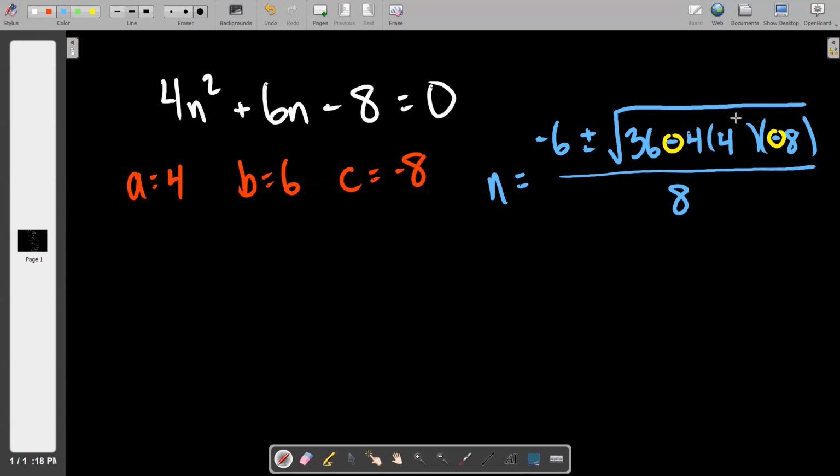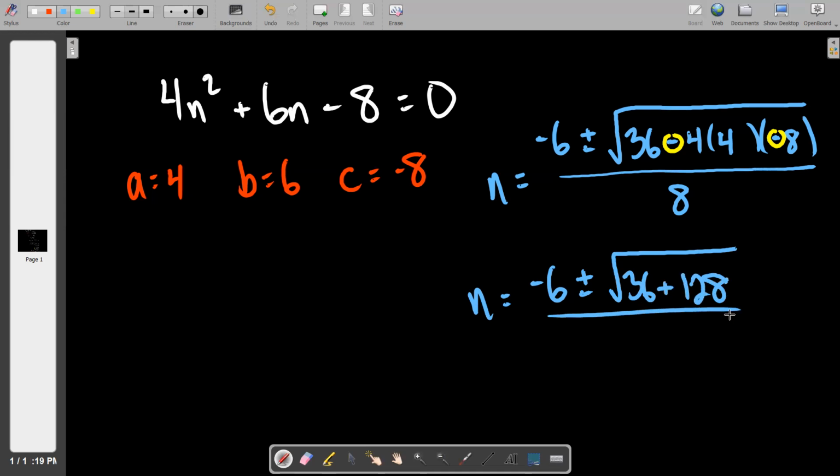What is 4 times 4? What is 16 times 8? 128. So what my problem currently looks like is opposite 6 plus or minus the square root of 36 plus 128, over 8. Good. So this will be our first example of a problem where we're not one step from done.